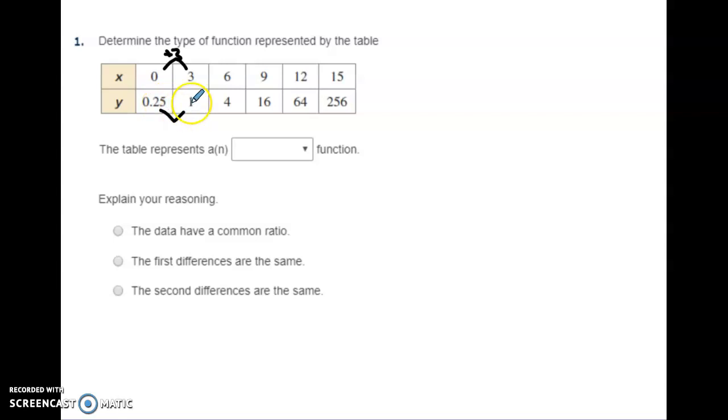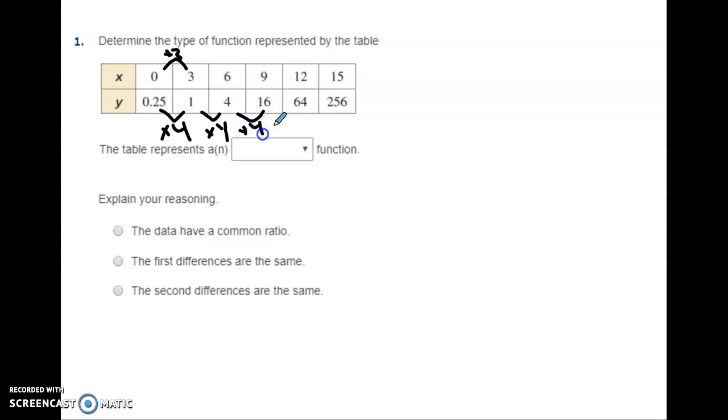If I don't know that, I could take 1 and divide it by 0.25, and I would get 4. So my common ratio is multiplying by 4. Then I just have to check, are they all multiplied by 4? In this instance, they are.